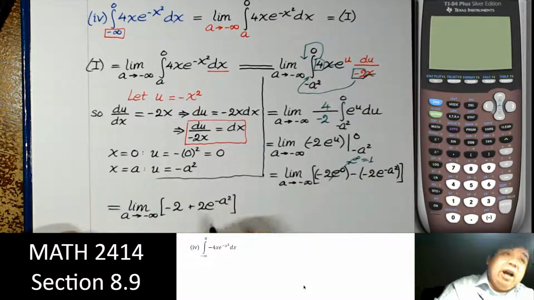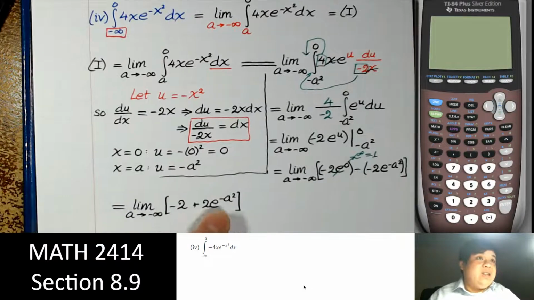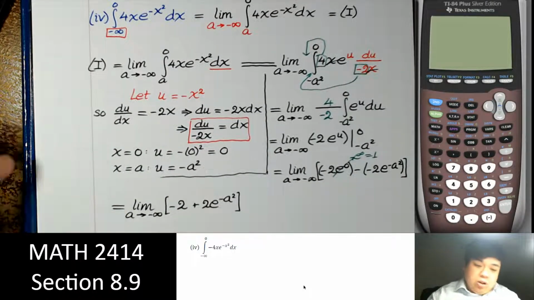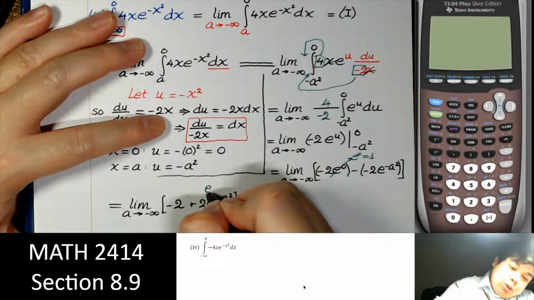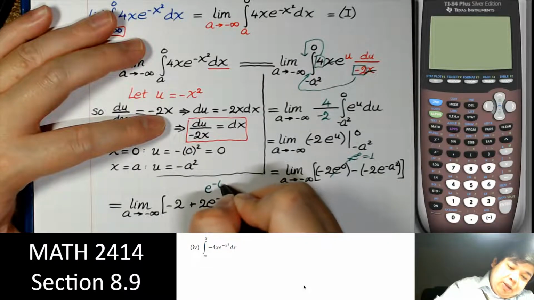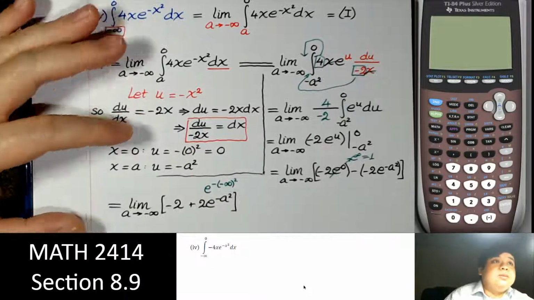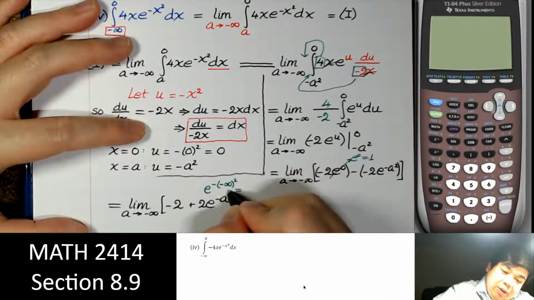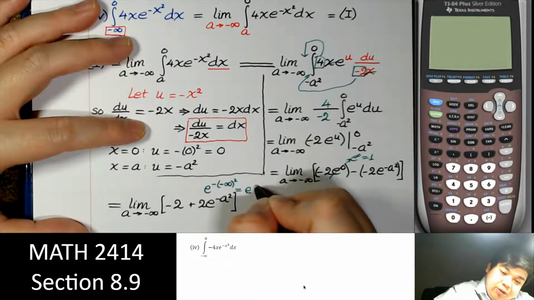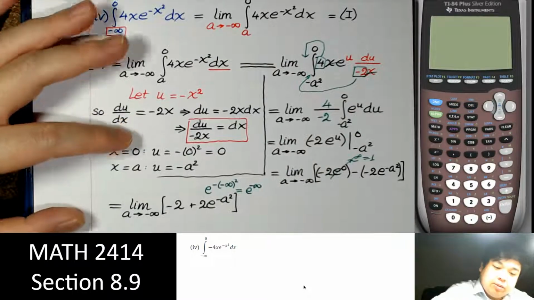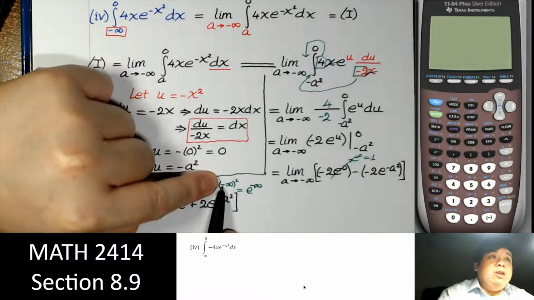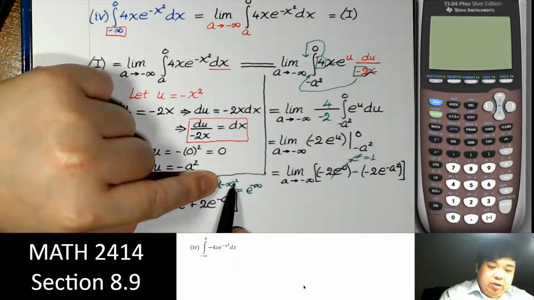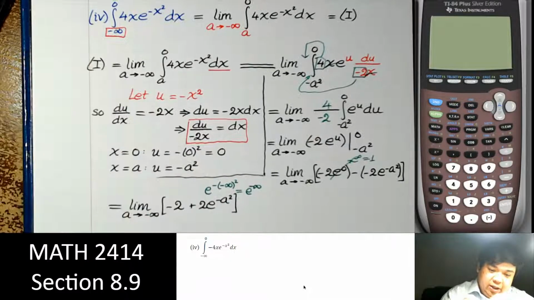Right. Now we just need to determine what e to the negative a squared is. So think about this: e to the negative infinity squared. What's that? Infinity squared is still infinity, and we have negative infinity.